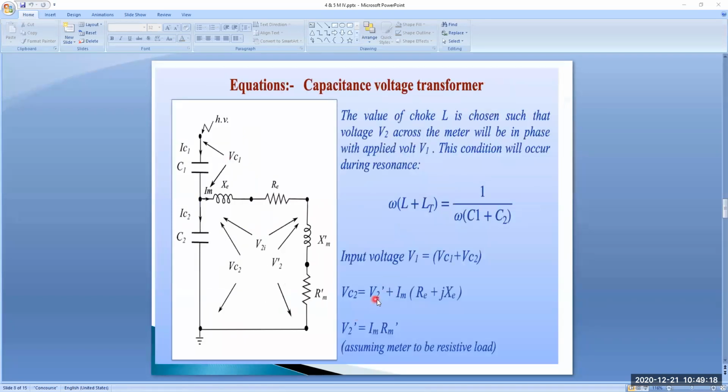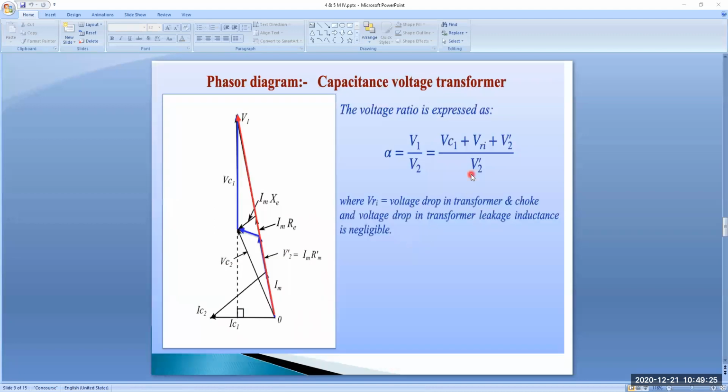And VC2 is equal to V2 dash plus the voltage drop VRI. So V1 is equal to VC1 plus V2 plus VRI, where VRI is the voltage drop in the transformer and choke, and the voltage drop due to transformer leakage inductance is negligible.